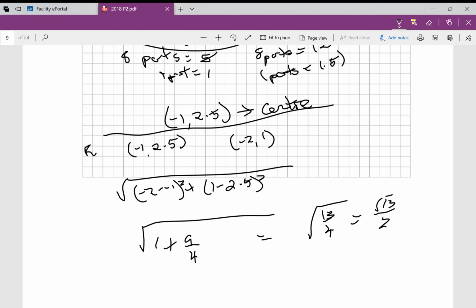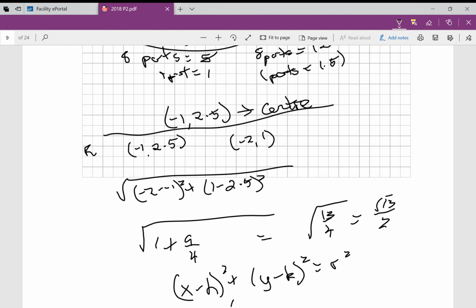Then the equation of a circle is x minus h squared plus y minus k squared equals r squared. The center is minus 1, 2.5.